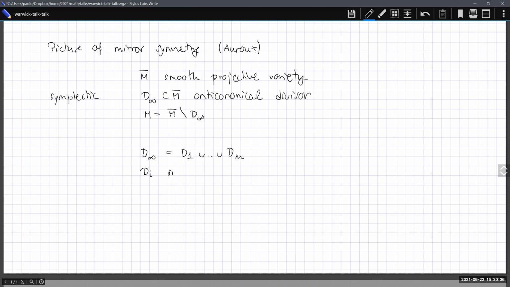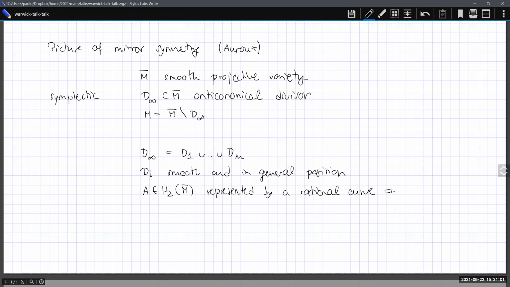So these D_i are smooth and in general position. And being a bit of a chicken, I will also say that if A in here is represented by a rational curve, then I want it to have non-negative intersection numbers with each component. Okay, so this is the picture.